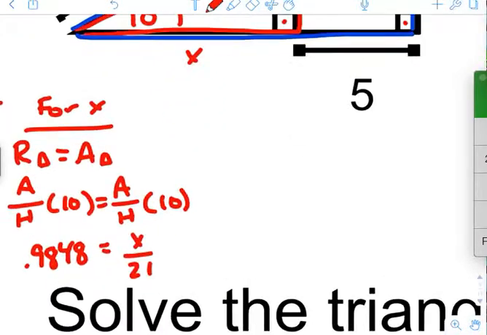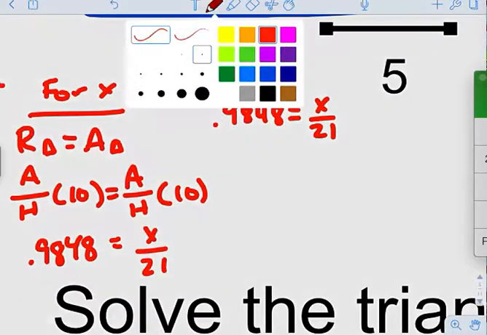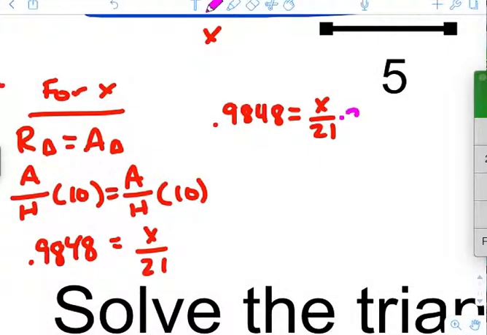Okay, and now, again, let's use some algebra to solve this. Let me rewrite it up here. So 0.9848 equals x over 21. Instead of cross multiplying here, let's just multiply both sides by 21 because it'll accomplish the same thing. Grab old Mr. Calculator here. 21 times 0.9848.